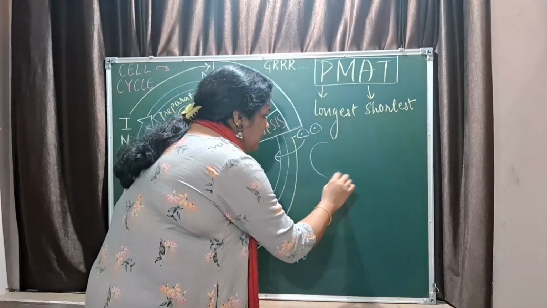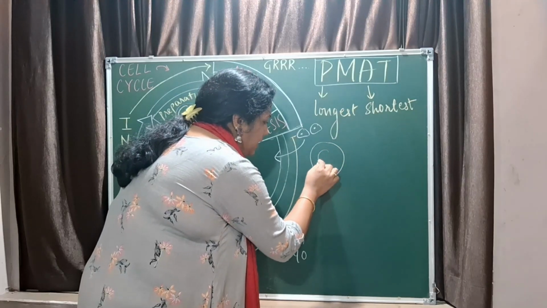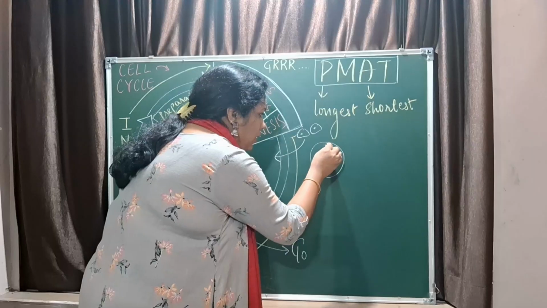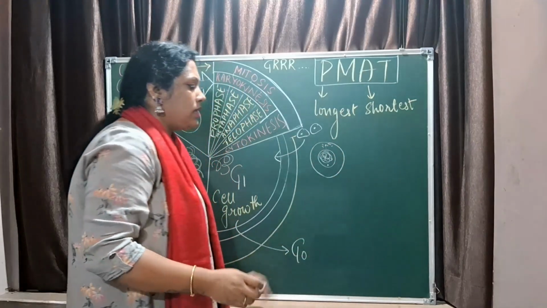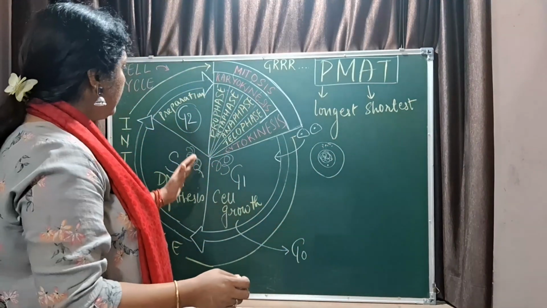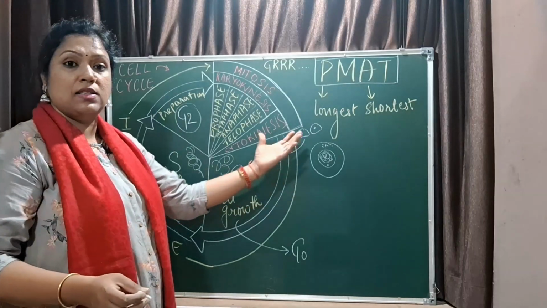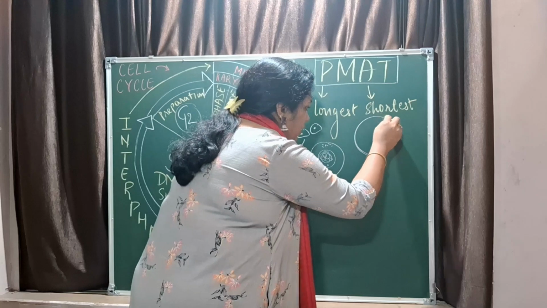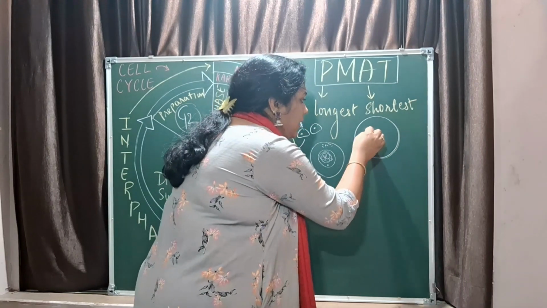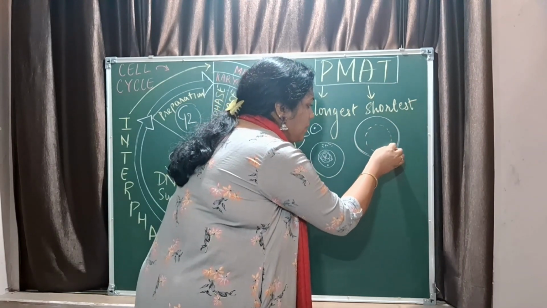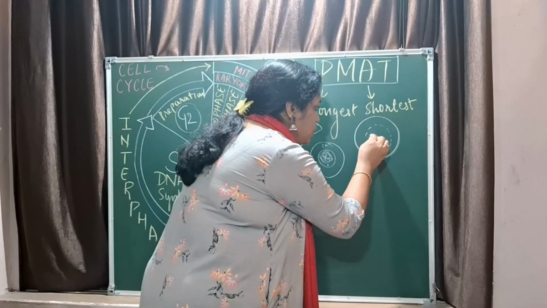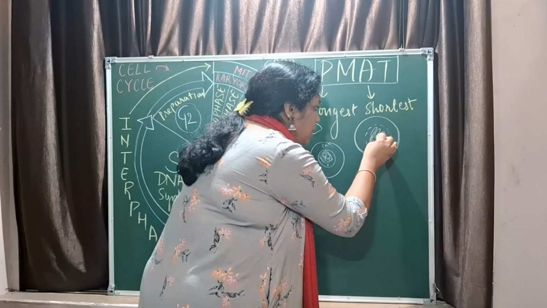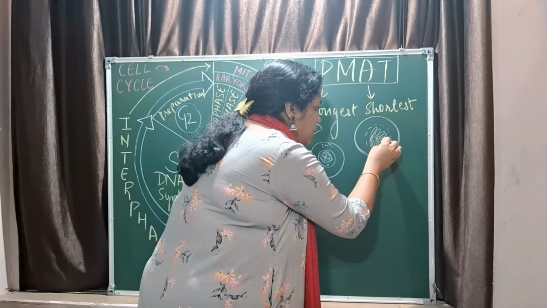So when you have a cell in the interphase stage, you have the nucleus and the chromatin fibers, and you have the centriole. This is the interphase cell. Then after the interphase, the DNA has doubled, and it enters into the prophase. In the prophase stage, the nuclear material starts to disappear, and the thread-like chromatin fibers condense to form the chromosomes.